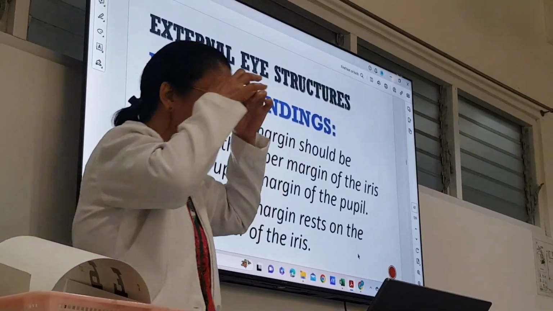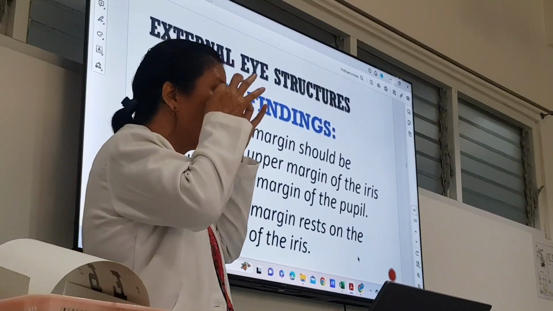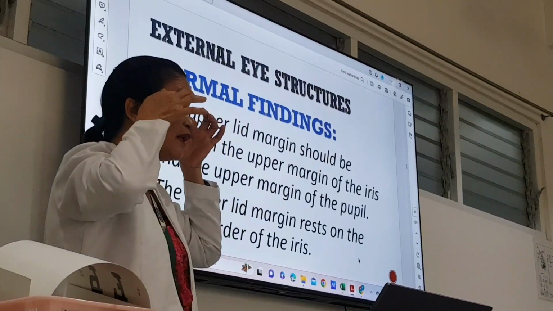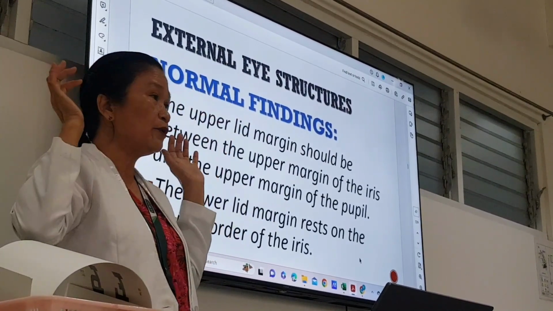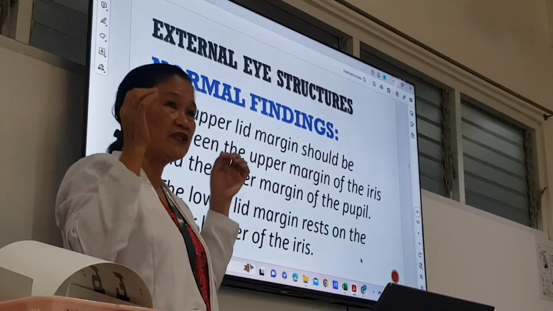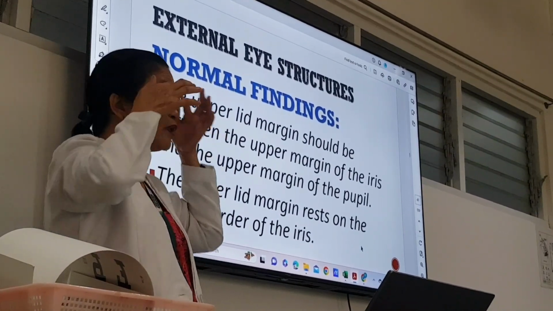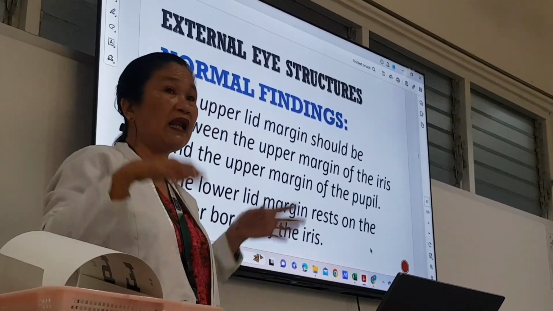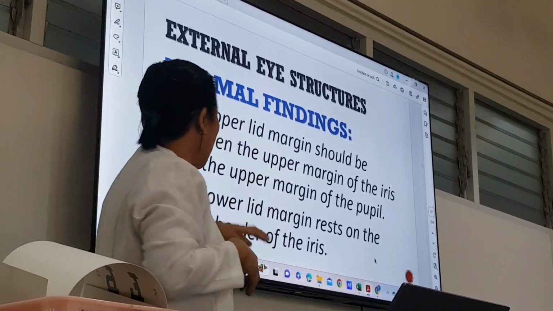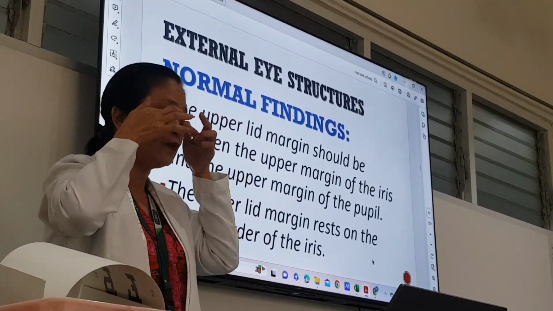Some eyelids are straight and have no margin here, like some Chinese and Koreans, whose eyelids are straight, unlike us who still have margins in our eyes. And then, the lower lid margin rests on the lower border of the iris.